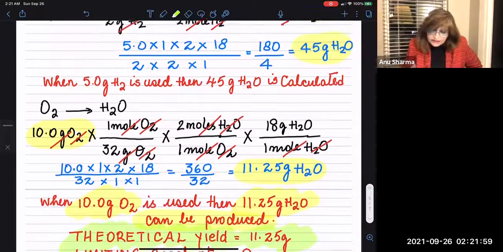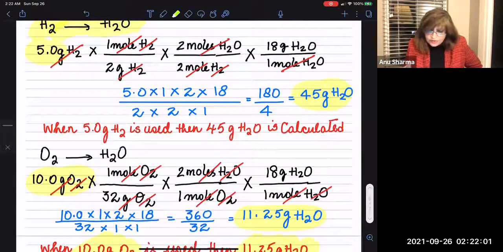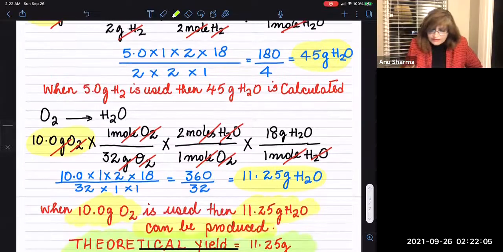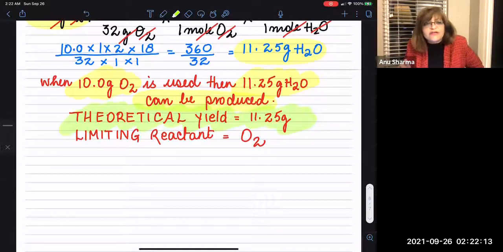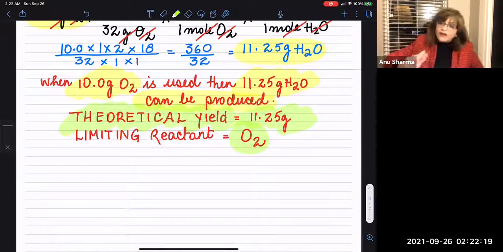No matter how much hydrogen is giving you, 45 grams, this 45 grams is only in calculations. But in theory, you will only produce 11.25 grams. Therefore, the limiting reactant is oxygen. You are limited by the supply of oxygen.